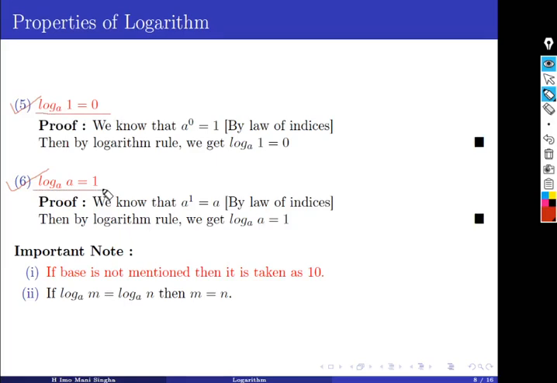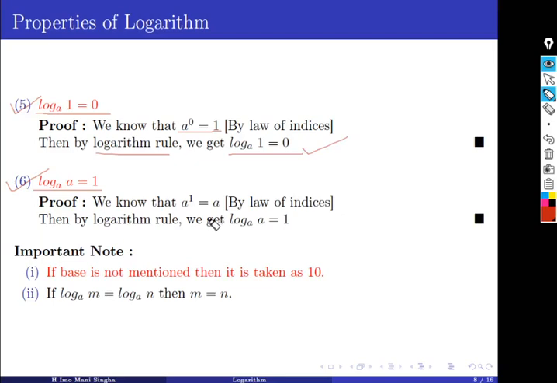The proof is very simple. We know that a to the power 0 by law of indices is equal to 1. So if I convert it by definition of log, we simply get log of 1 base a equal to 0.